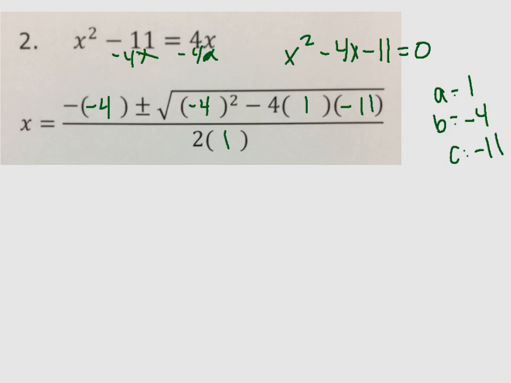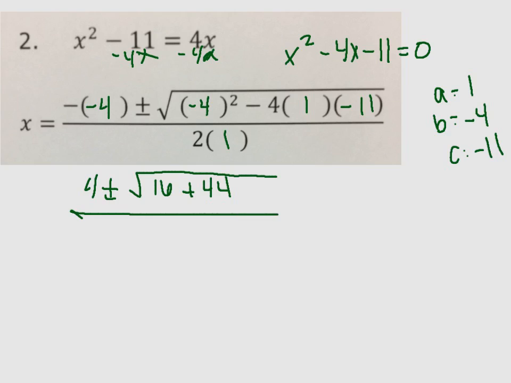Negative negative 4 is 4, plus or minus the square root of 16 plus 44, all over 2. Then you do it again. 16 plus 44 is 60.